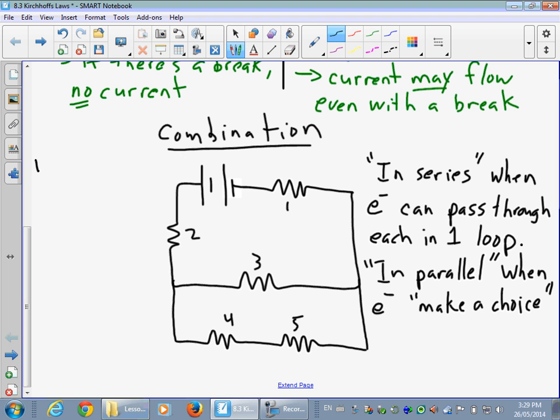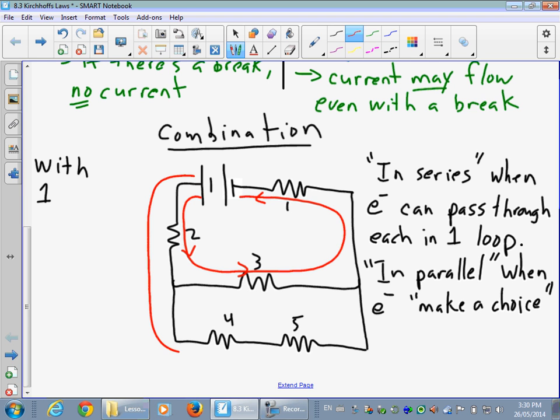With resistor number 1, every single one of these resistors can have electrons pass through one and pass through all the rest of them, because either the current is going to flow this way, positive to negative, and go through number 1 and come back, which means it's gone through 2, 3, and 1. Or the current could flow this way, which means it's passed through 2, 4, 5, and then 1.